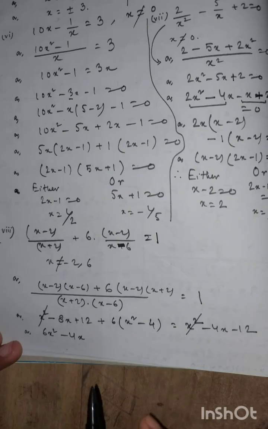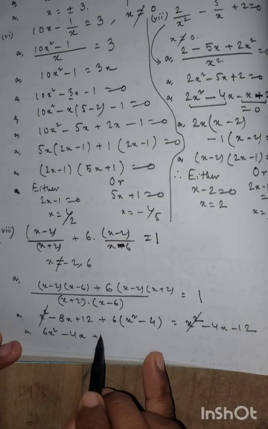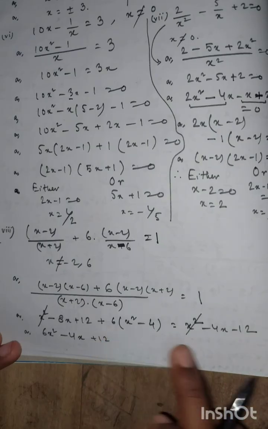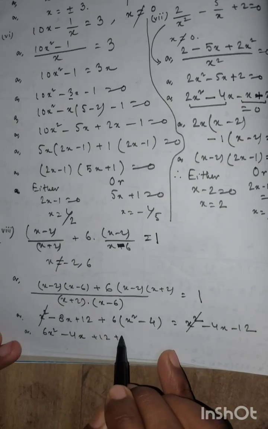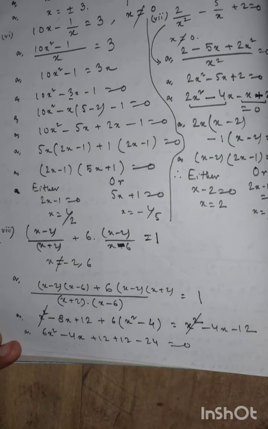Now plus 12, this 12 comes to the left side, it becomes plus 12, again plus 12, and this is minus 24 equal to 0.